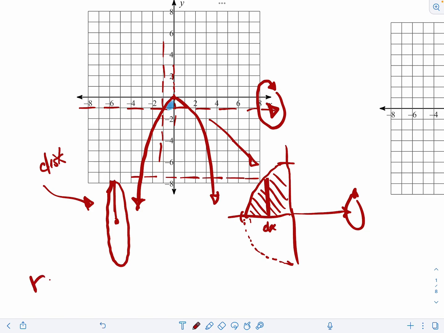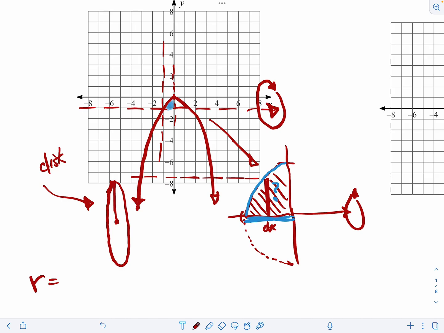The radius of the disk, I'm just going to use small r here, is going to be wherever it is here, that function minus where it started. So you think of it as a number line. That distance is the farthest to the right of the number line minus the farthest to the left.